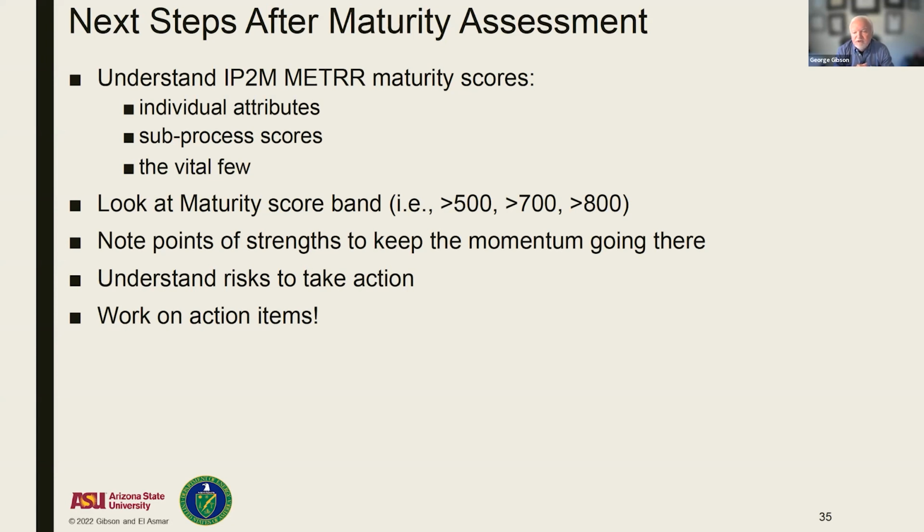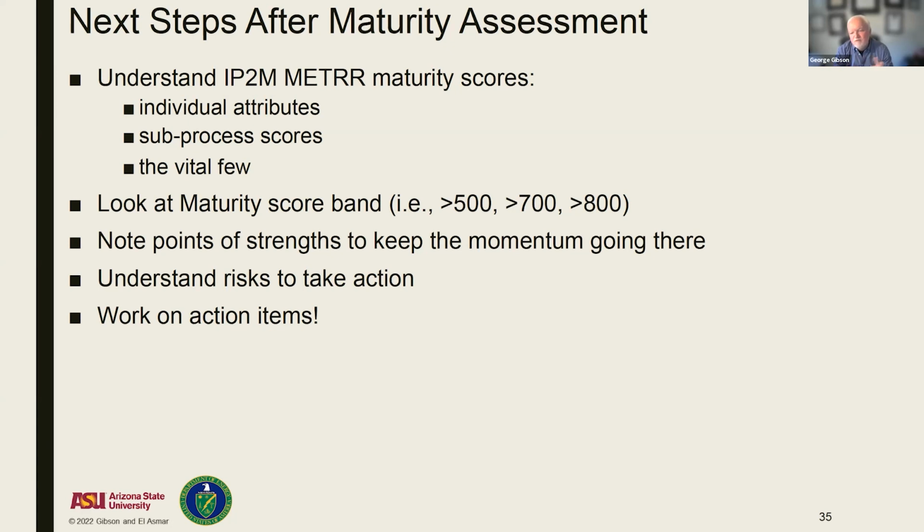If we're greater than 700, if we're greater than 800. So you can look at the total score. It gives you an indication of how much work you probably need to put into this to get it to the point where you want it to be. You can look at, are we doing really well in sub-process B, but we're not doing so well in sub-process H? Are there certain themes that we see through here that we're not sharing information, and so on and so forth?